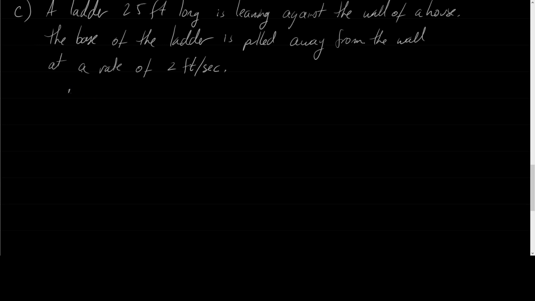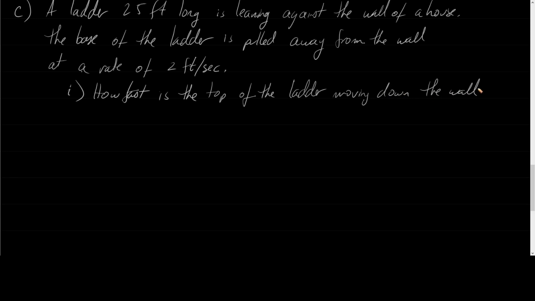The first question here is, how fast is the top of the ladder moving down the wall when its base is 7 feet from the wall. All right. So that's the very first question.